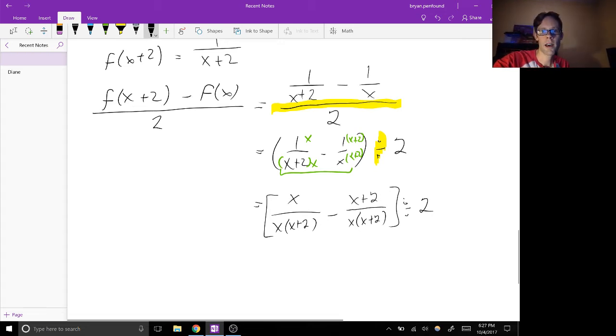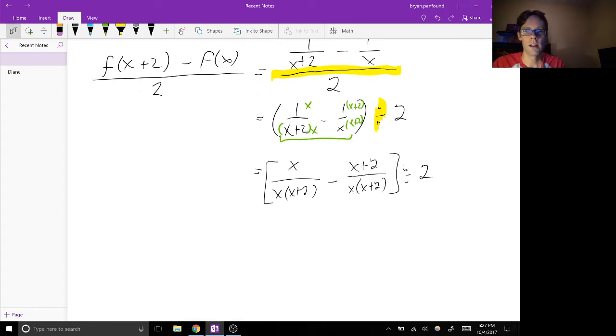Okay, so here we have our common denominator. So let's go ahead and simplify or subtract those fractions. Notice that our x parts are going to subtract to give me 0. So my numerator, I'm going to be left with 2. So I'm going to have 2 over x plus 2.